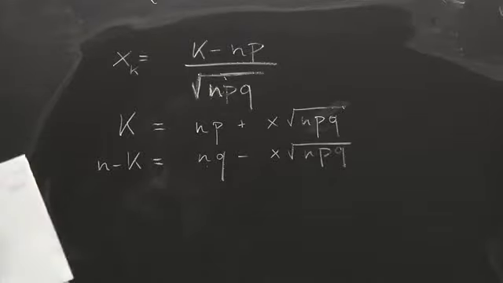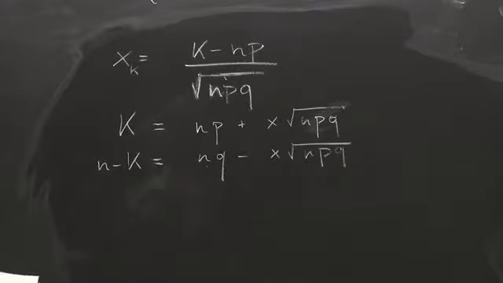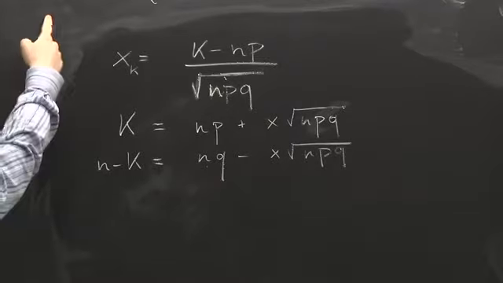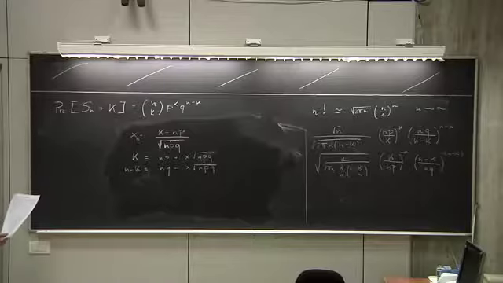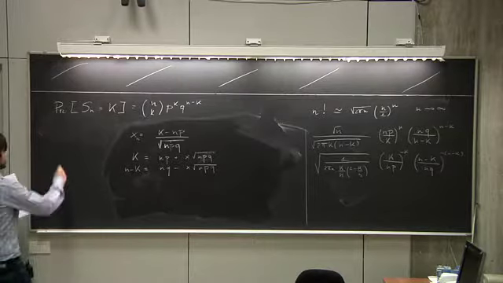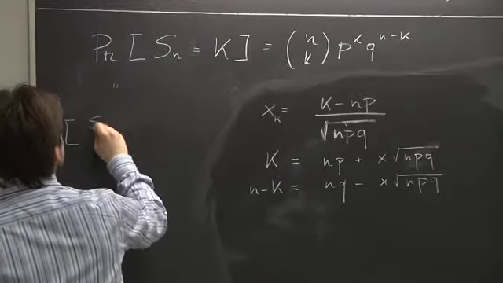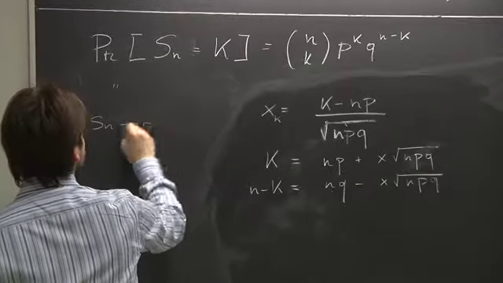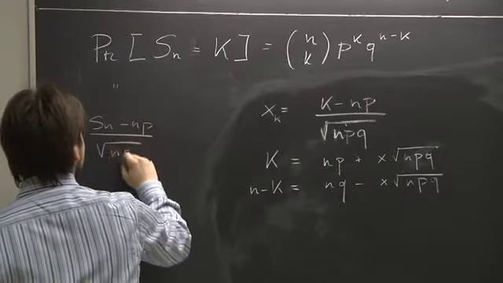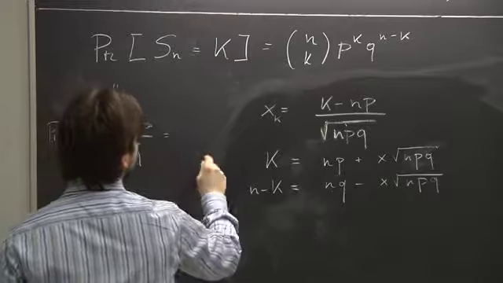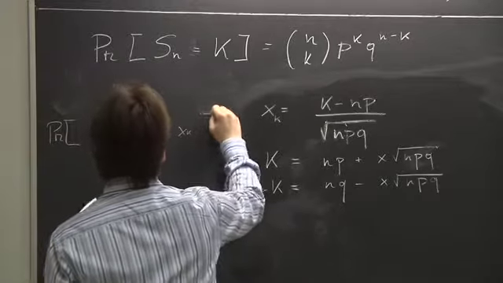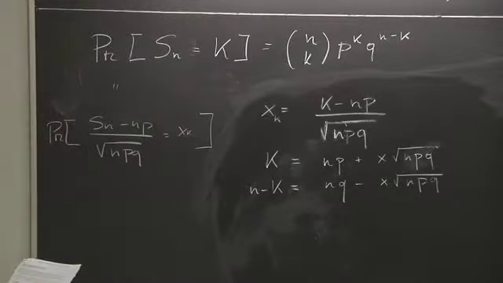Oh, now one important thing that I want to remark is that the probability that Sn is equal to k is exactly equal to the probability that (Sn minus np) divided by square root of npq is equal to xk. Is this clear?